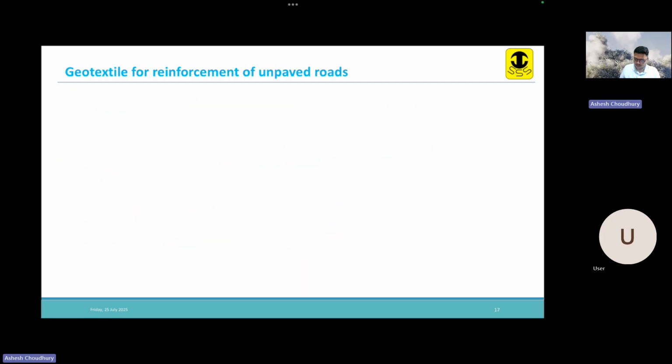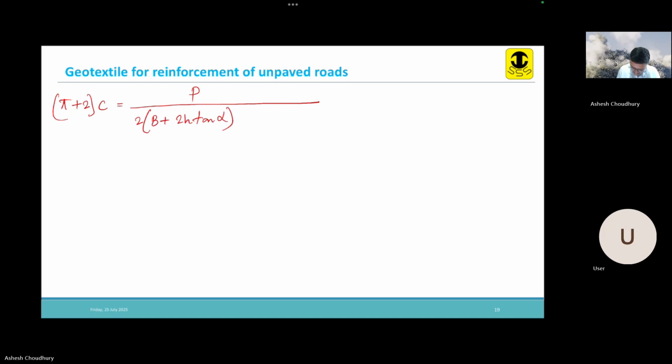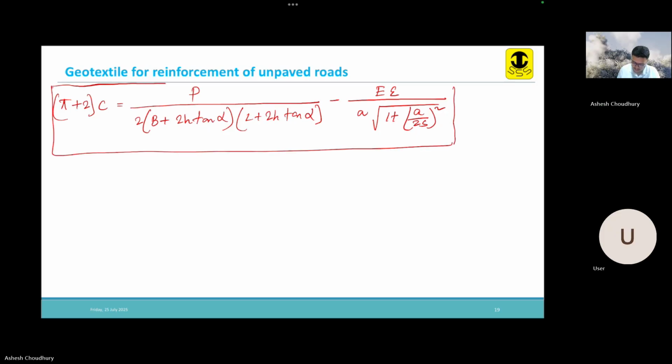So finally, what we get? Finally, therefore, we get 5 plus 2C is equal to... Now 2ic is nothing but plus 2ic.